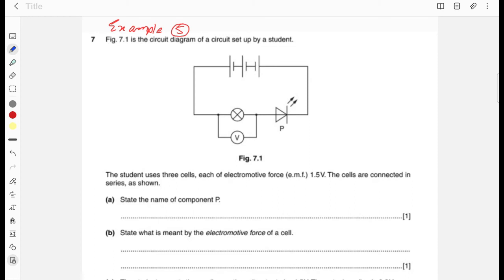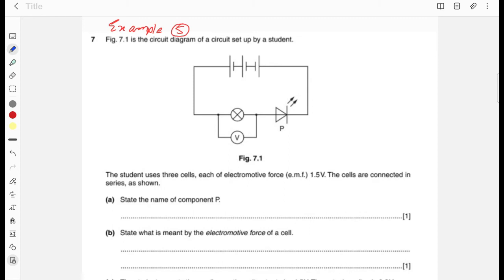Example number 5, it's a past year paper question. Figure 7.1 is the circuit diagram of a circuit set up by a student. The student uses 3 cells, each of electromotive force EMF 1.5 volt. The cells are connected in series as shown.